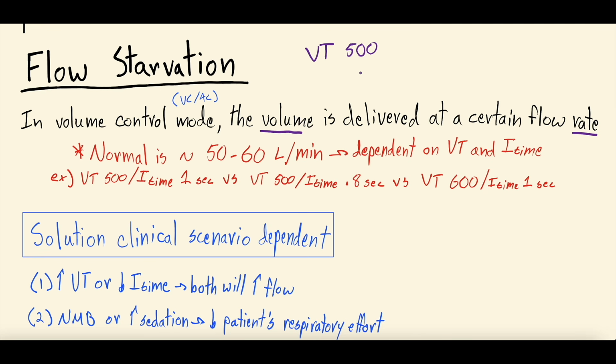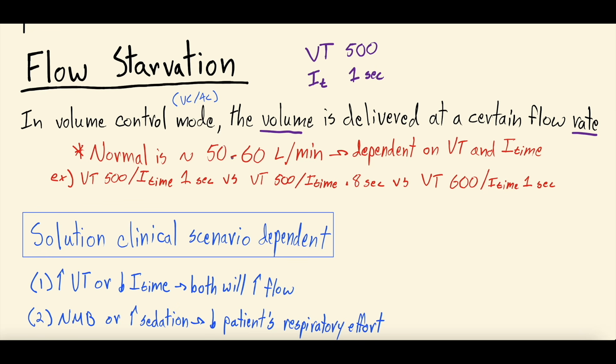Because you're pushing in 500 cc's of air, and the flow is going to be the pace in which that 500 cc's is pushed in through the ventilator endotracheal tube into their lungs. And that, on most vents, is going to be then related to the inspiratory time, which we'll just say, let's say it's 1 second. So then the flow is going to be a product of the fact that you're pushing 500 cc's of air into their lung over 1 second.